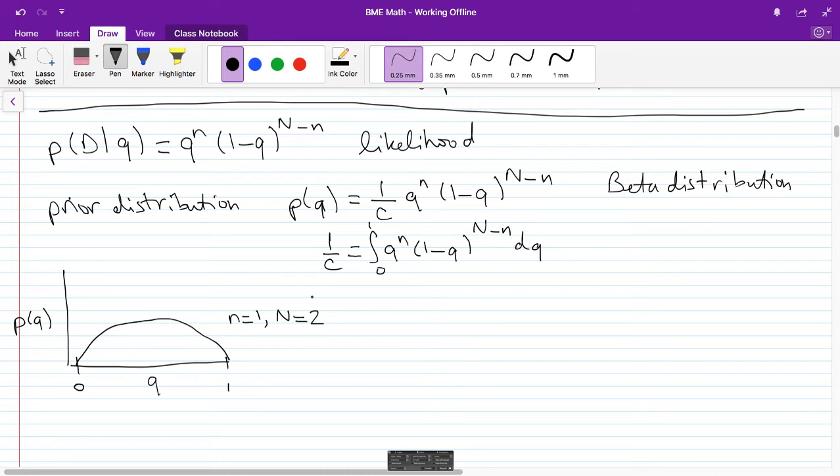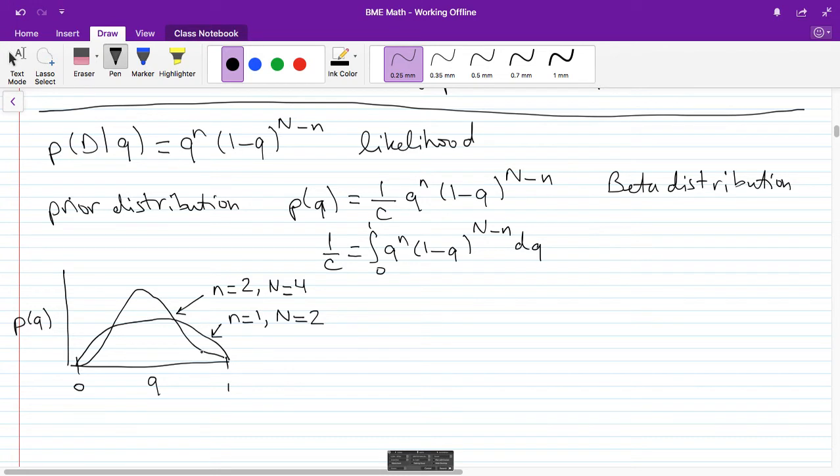On the other hand, if you toss the coin 4 times and twice you got a head, it's going to look like this. So I'm just drawing P of Q here, this function, when little n is equal to 2, big N is equal to 4.